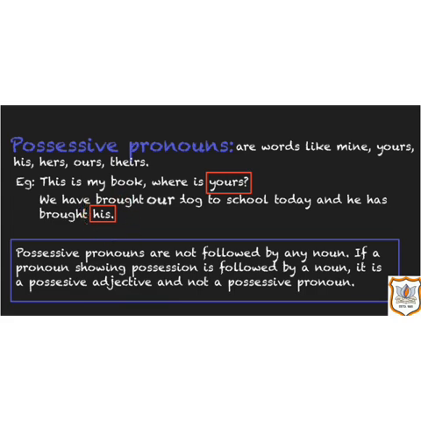Now, students, please note, possessive pronouns are not followed by any noun. If a word showing possession is followed by a noun, it is a possessive adjective and not a possessive pronoun. Look at the given example. In the first sentence, the word my is followed by the noun book.